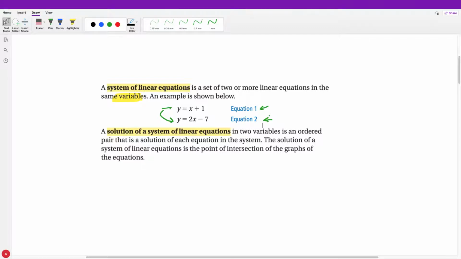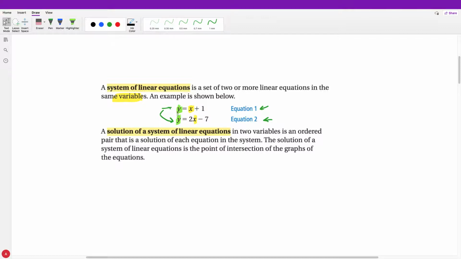And what's really, really crucial that you need to understand is that this x represents the same x or unknown in the other equation. And this y represents the same y or the same unknown in the second equation. They represent the same thing. If this is confusing you right now because there's no context to this, when we do the word problem in the second video, you'll see that this makes a lot more sense once we see context behind this.